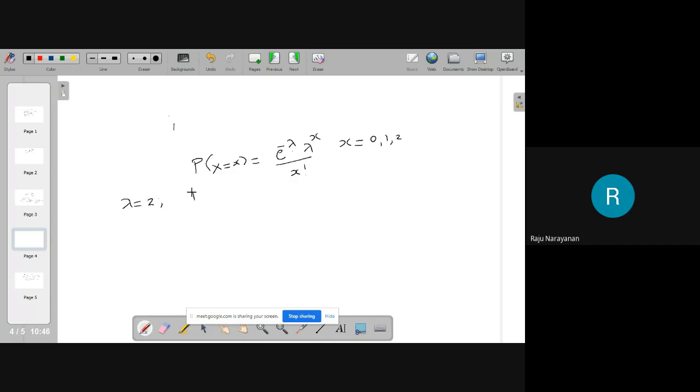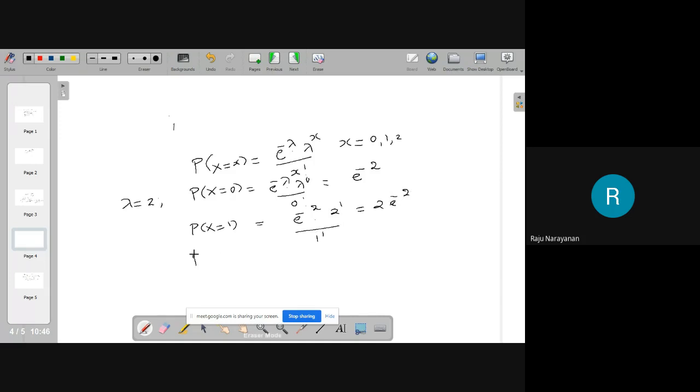Then what is the probability of x equal to 0? It is e raised to minus lambda, lambda raised to 0 by 0 factorial. This is e raised to minus 2. Probability of x equal to 1 is e raised to minus 2, 2 raised to 1 by 1 factorial, that is 2 into e raised to minus 2.